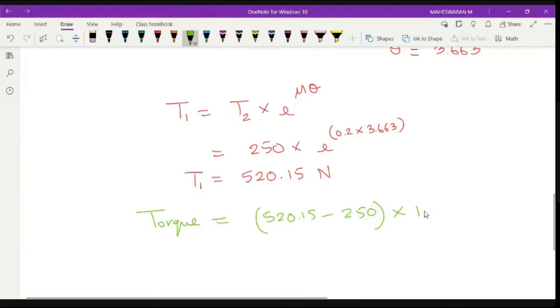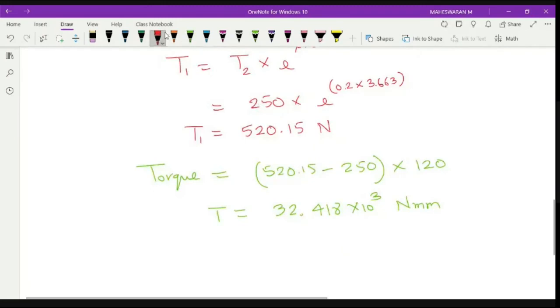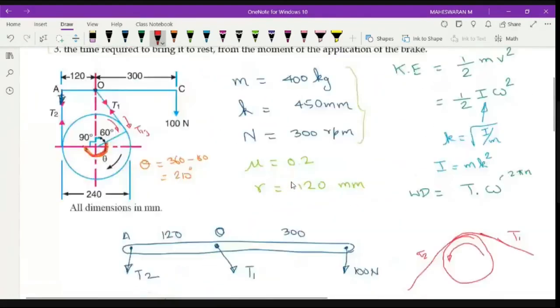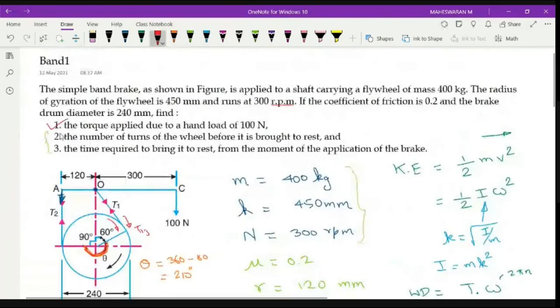So find out the torque T. I can also write it in terms of meter. So your torque is 32.418 Newton meter. So we have completed the first part.